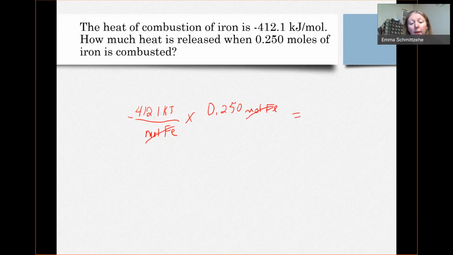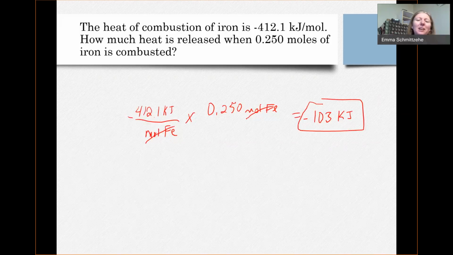So I have negative 412.1 times 0.250, and based on my moles, I'm going to round to 3 sig figs, so I'd get 103 kilojoules. And yeah, it comes out negative. You can either say 103 kilojoules are released, or you could say it's negative 103 kilojoules. The negative indicates it's being released.